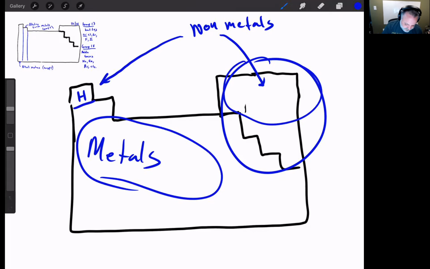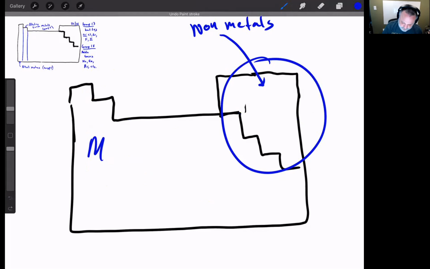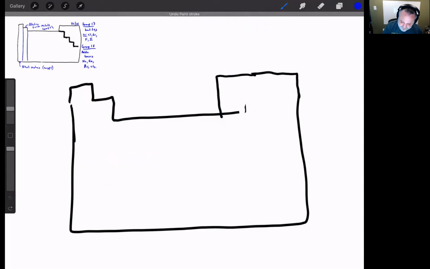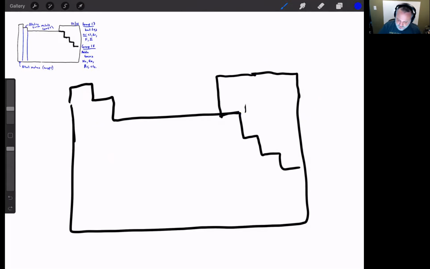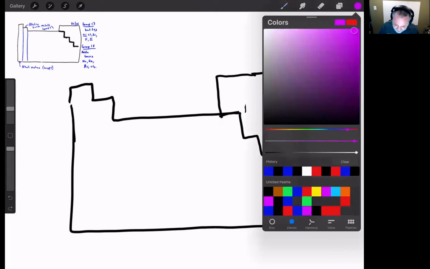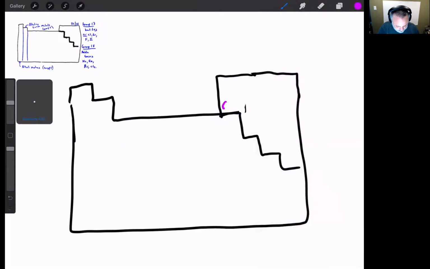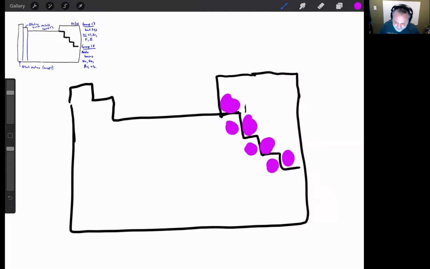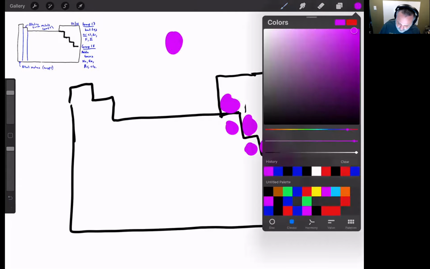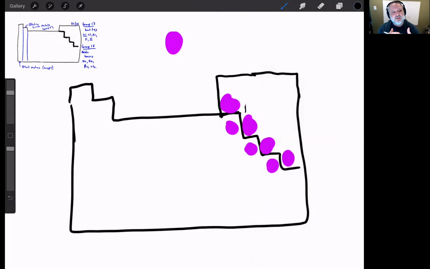Now let me back up just a little bit, and let's think specifically. In this case, I'm specifically talking about these atoms that are directly on either side of this line. These particular atoms are in the transition between metals and nonmetals.